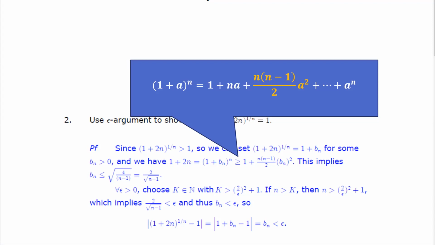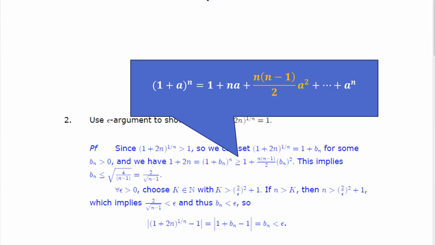Then you can rewrite this inequality, so you get a control of bn. bn is less than or equal to the square root of 4 over n minus 1, that's 2 over square root of n minus 1. So you get a control of bn.